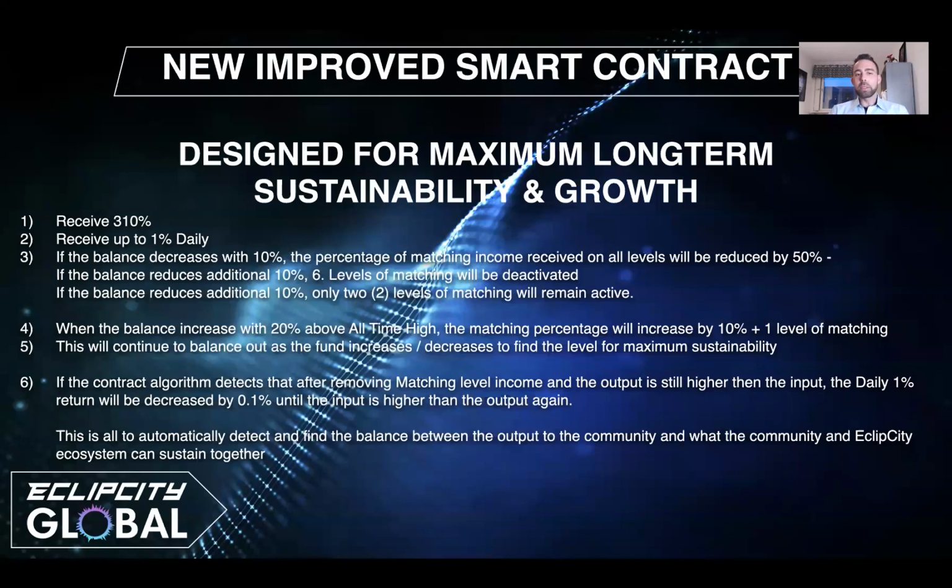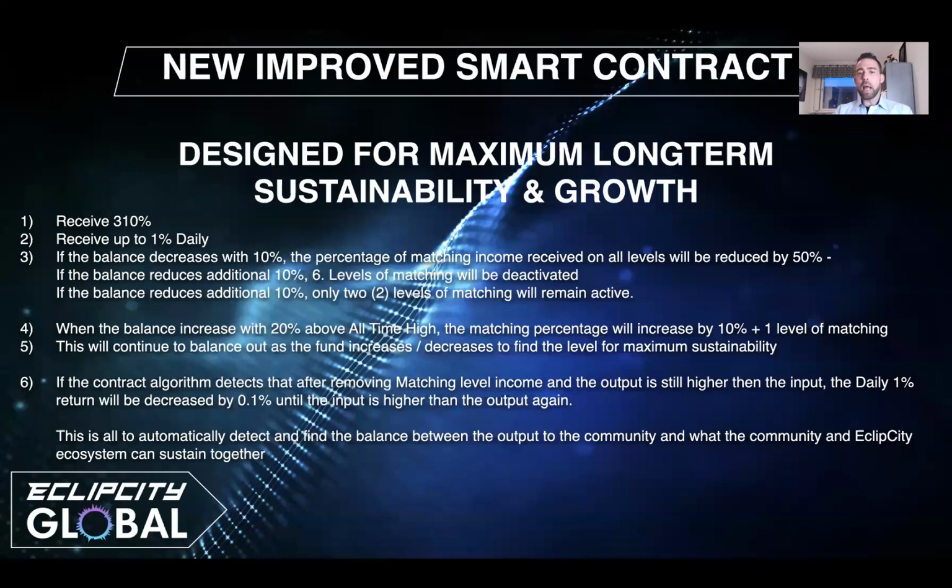Now, if the balance continues to reduce by an additional 10%, 6 levels of matching will be deactivated. People who are qualified can now receive up to 12 levels. If the balance continues to reduce, if the contract detects that the input is less than the output, 6 levels will be deactivated. If the balance reduces an additional 10%, it will leave only 2 levels of matching remaining active, level 1 and level 2.